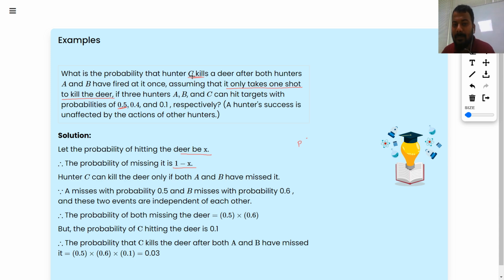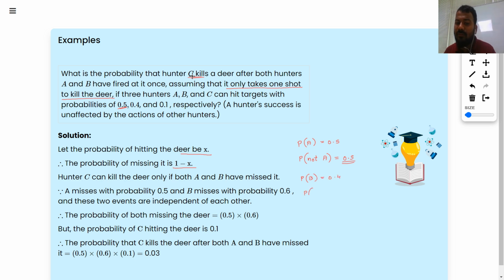The probability of A hitting the target is 0.5. Now I need to find the probability of A not hitting the target. It is 1 minus 0.5, which is again 0.5. Next, B is also not going to hit. We know that the probability of B hitting is 0.4.